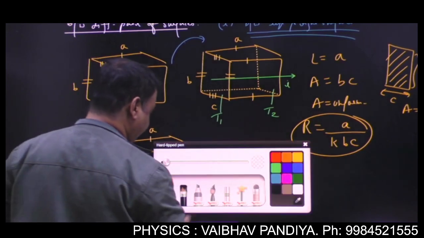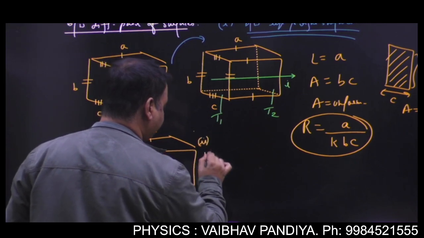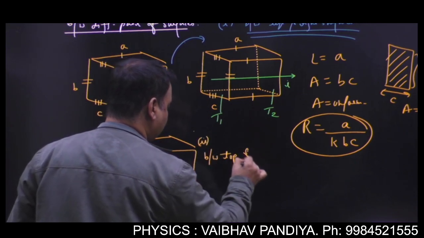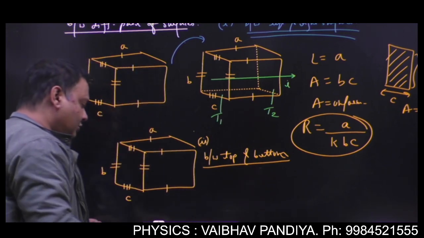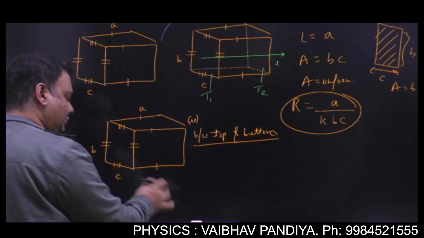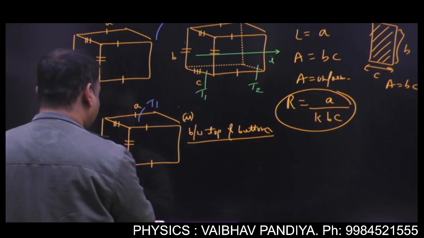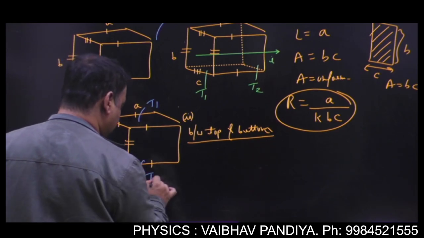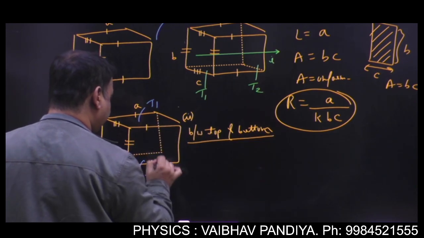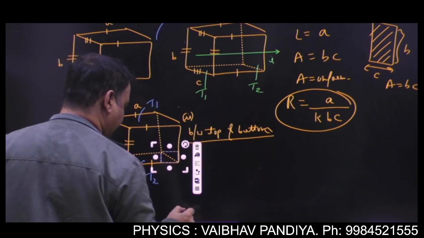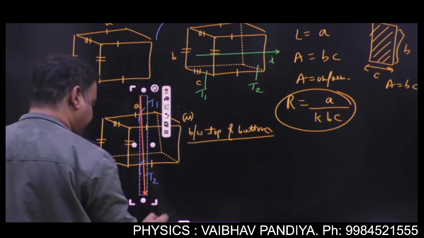Now see the second part. If in the same object we are told to find the resistance between top and bottom surfaces, what is the meaning of top and bottom? Now the temperature difference has to be maintained between top and bottom. So where will the heat flow? The heat will flow across the surfaces having the temperature difference, so heat will flow like this.